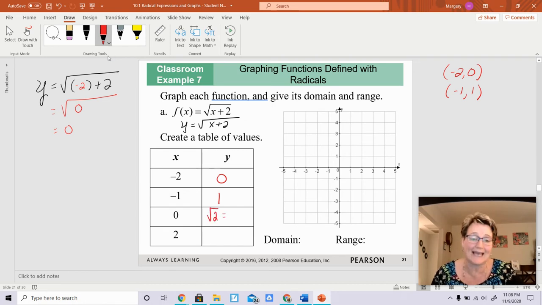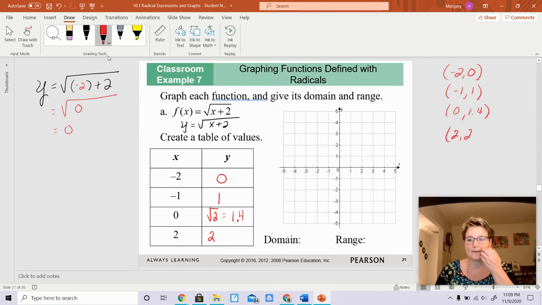I can use a calculator, and it's going to be 1.4 something. Now, if I plug in 2 for x, 2 plus 2 is 4. So the square root of 4 is 2. Okay? So now I have these points.